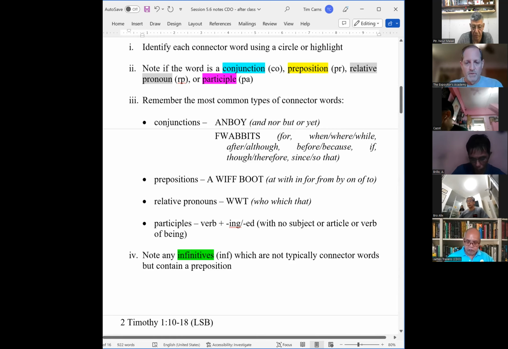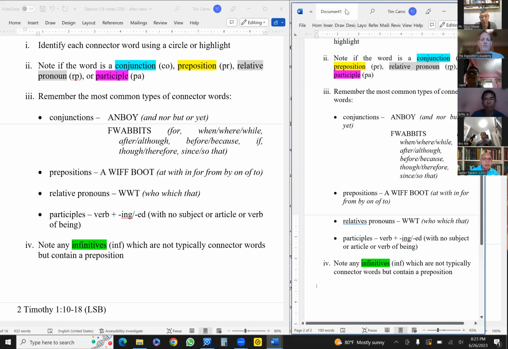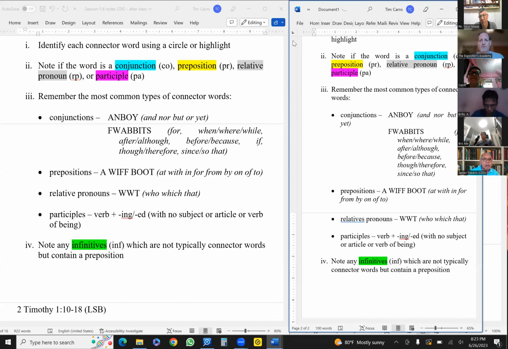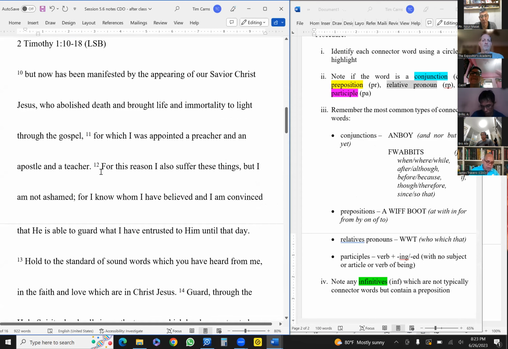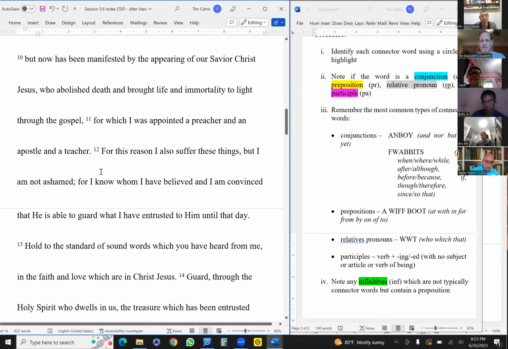Okay? So let me do the full screen. All right. On the right here, we'll have the procedure that I want us to use. On the left will be the passage itself. Can all of you see that on your screen? Is it large enough to see the Bible text?